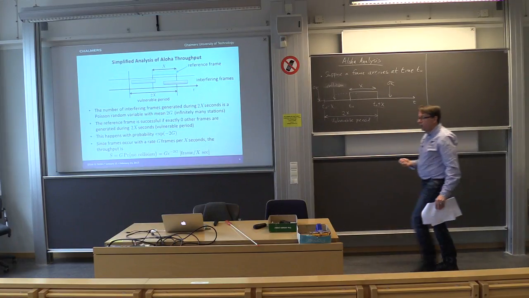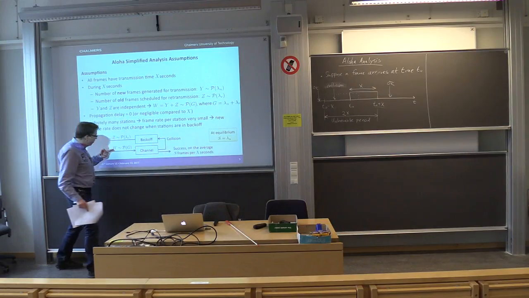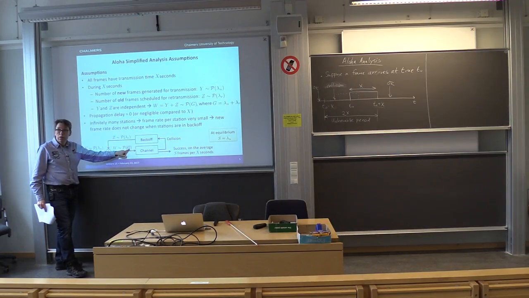Well, we know that the arrival rate to the channel here is G. Okay, so on the average, G frames are generated every x seconds. So how many frames on the average are generated during 2x seconds? It's not hard, actually.